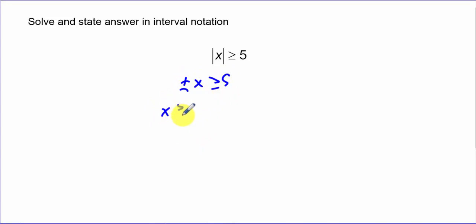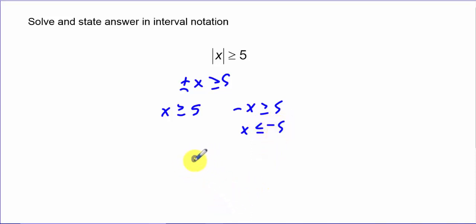So I have x greater than or equal to 5, and x of the negative type, whoops, is greater than or equal to 5. Multiply by the multiplicative inverse, flip the inequality, like so.